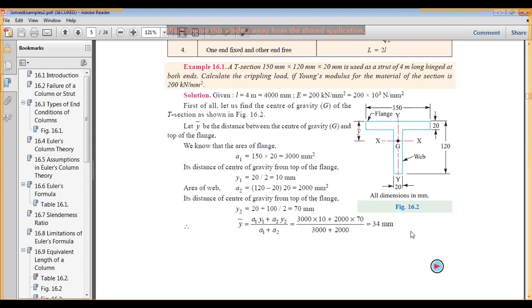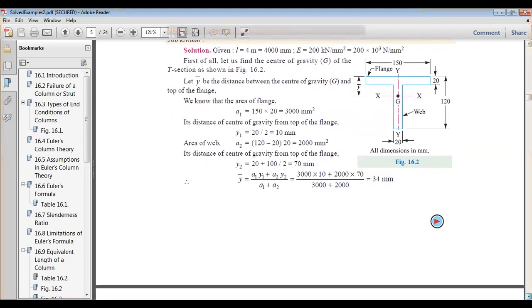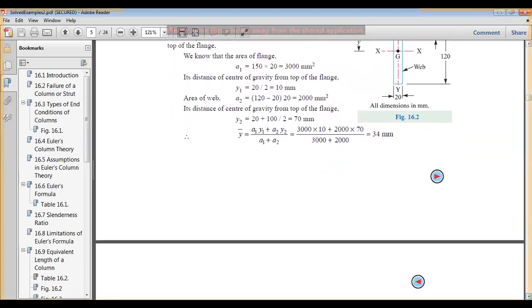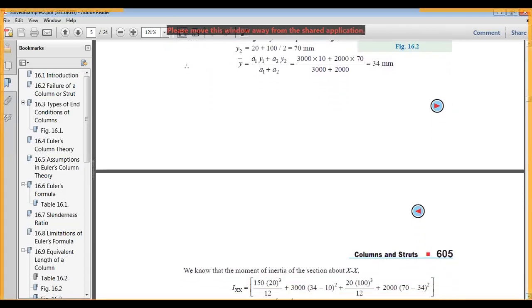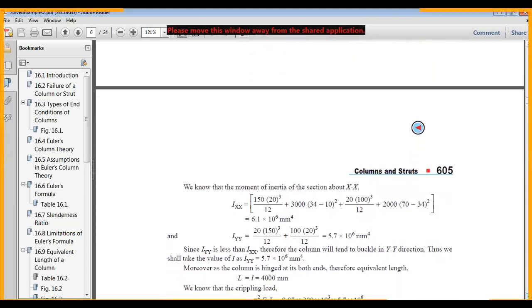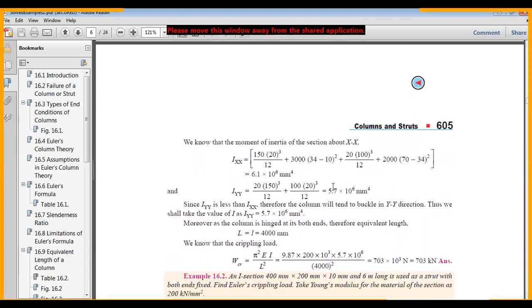So now we have the values of x bar and y bar that we calculated earlier, so no need to calculate again. We just have to put the values, 34 mm, and then calculate the moment of inertia Ixx, which is BD cube by 12 plus the shift term, and similarly Iyy.